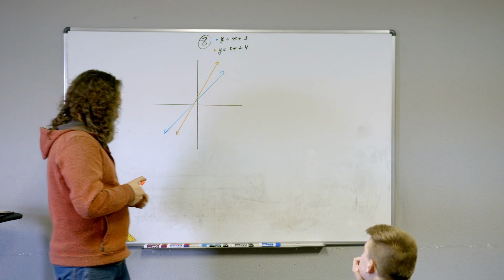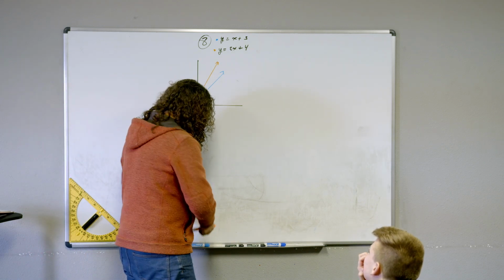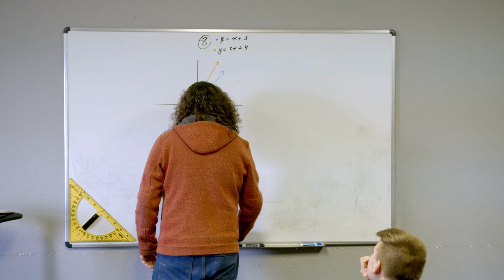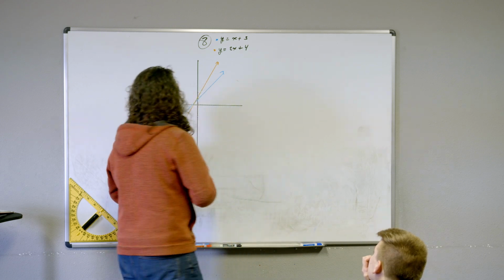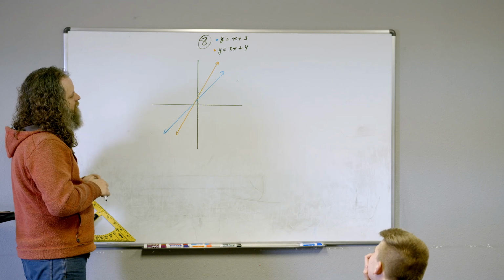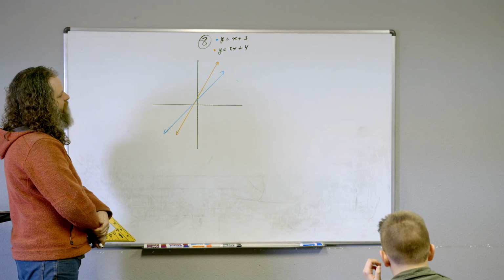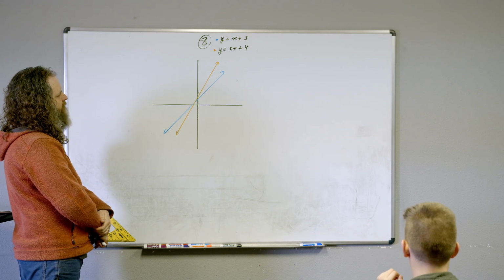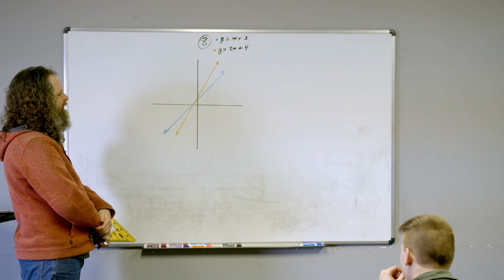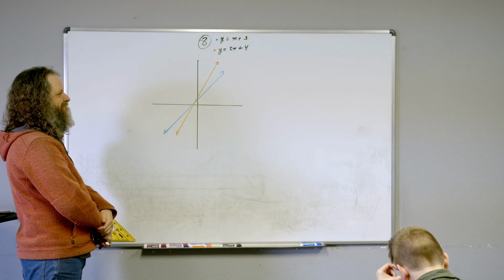How many solutions does this have? 1. And so it's what? Consistent and independent. What is the solution? The solution is -6 and 1. Definitely not.